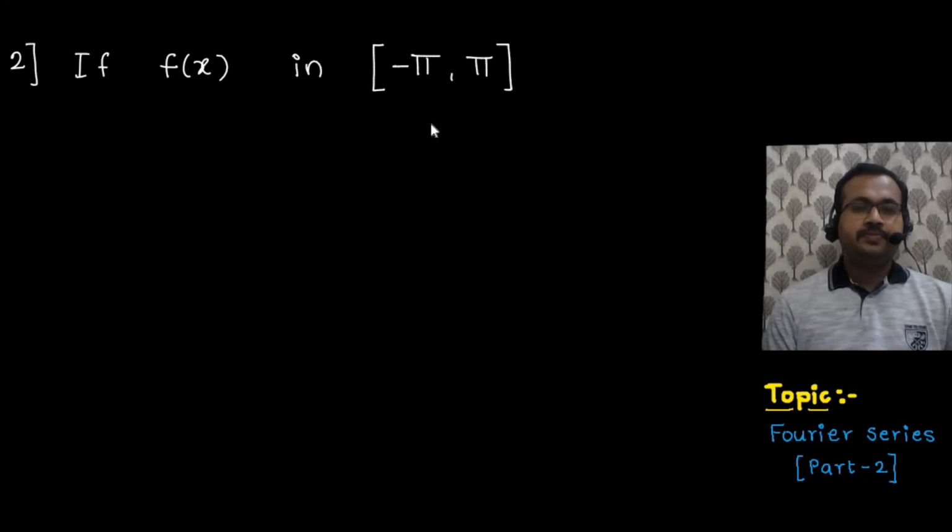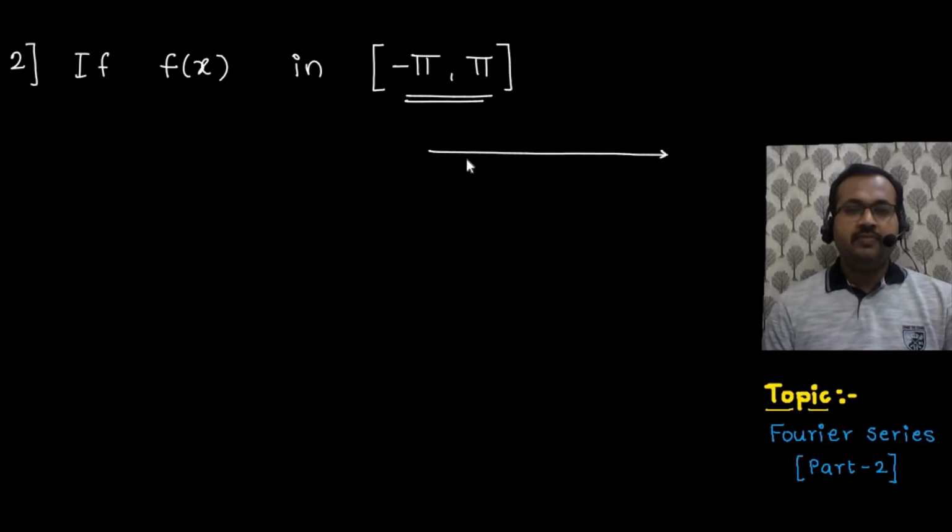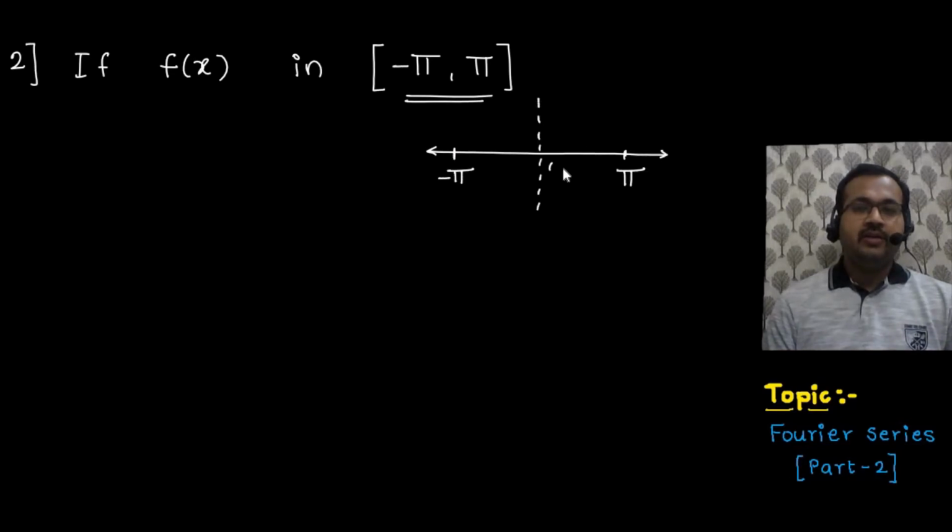Now we consider case 2. If f of x is periodic function defined in the interval minus pi to pi. So again, if you consider this interval, the lower limit is minus pi, upper limit is pi, in the middle we get 0.